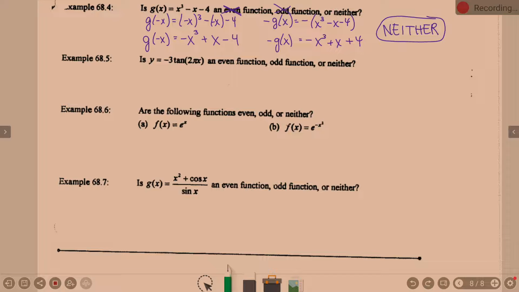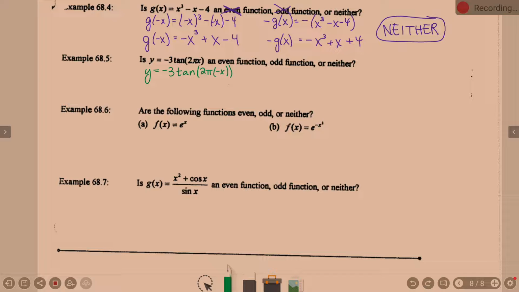Okay? So same rule applies. How do we figure out if it's even? It's going to be negative 3 tan of 2 pi times negative x officially, right? In other words, I'm putting in negative x.